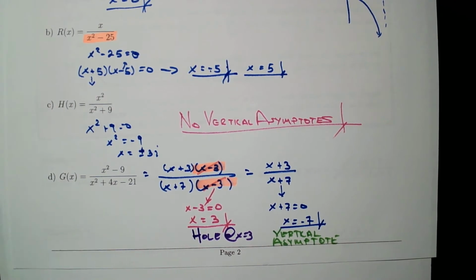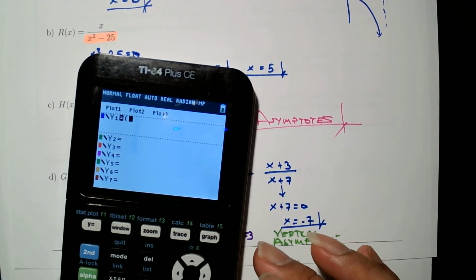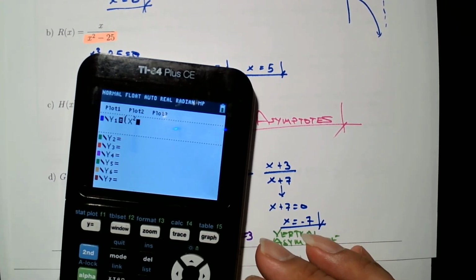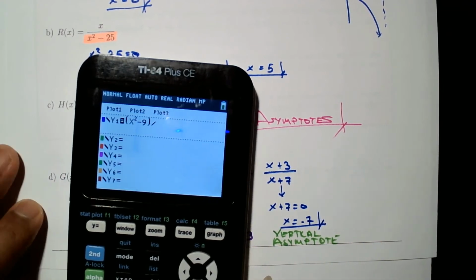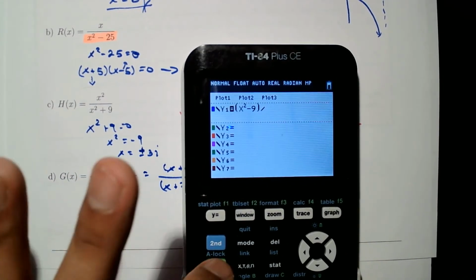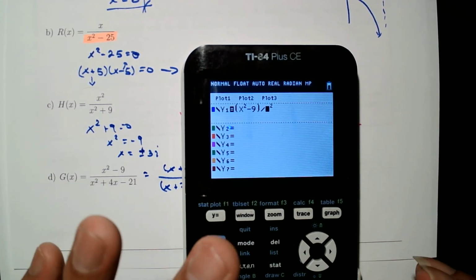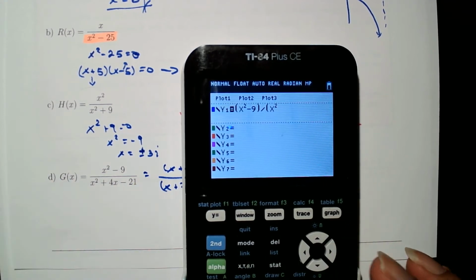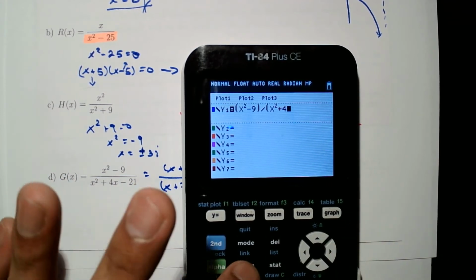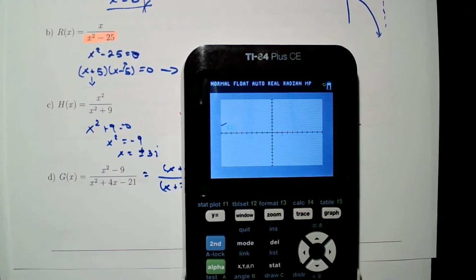So now let's see how that looks. I'm going to type x squared minus 9 divided by, oops, need to open parentheses first, x squared plus 4x minus 21. Close parentheses and see the graph.